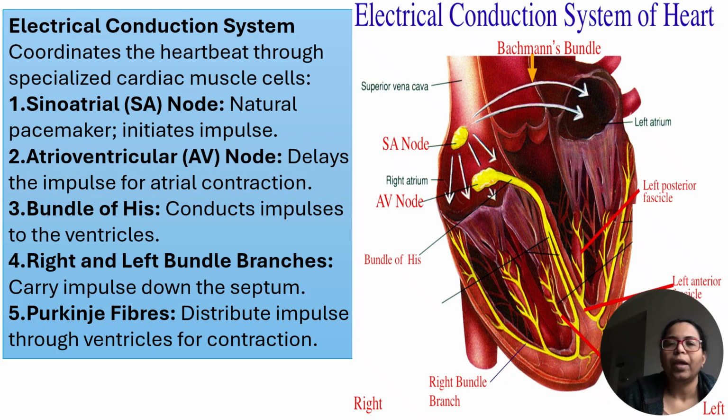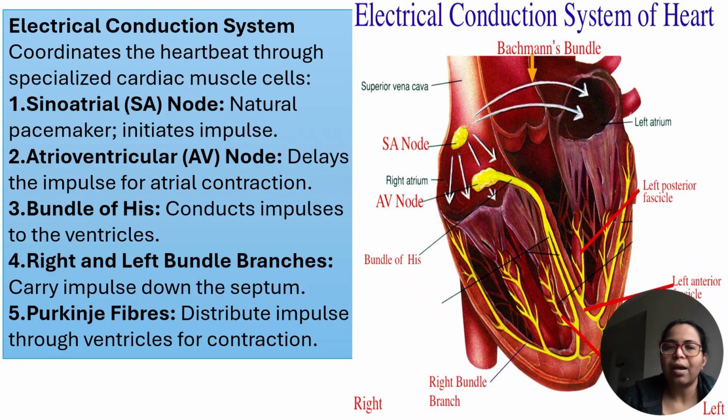And the conduction system of the heart. How the heart works. Here you can see two special yellow-colored points marked in the picture, which are called the SA node and the AV node.